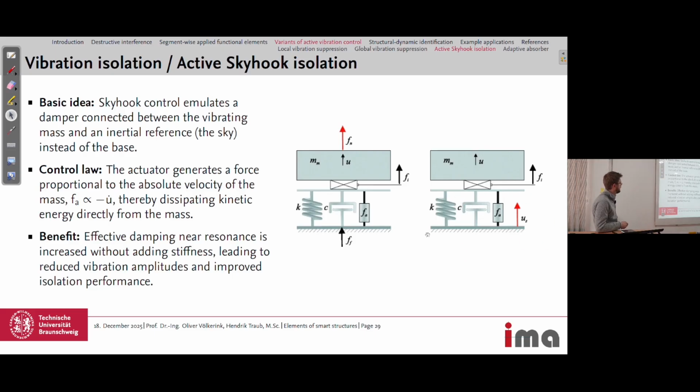Maybe, yeah, just as a brief introduction to this active skyhook isolation. So we have an effective damping near the resonance because we then still could emulate a relative movement between the structures.